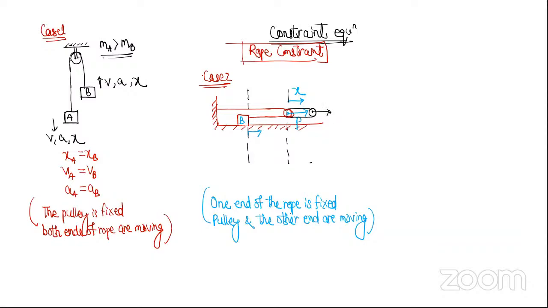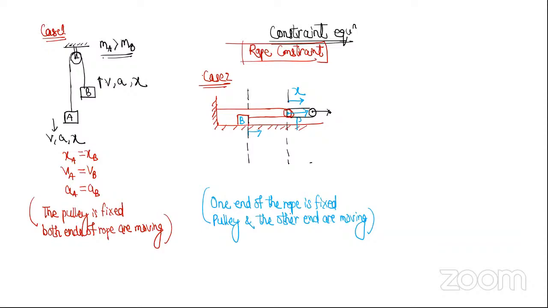So the pulley moved by X. So how much black color rope is required there? If the pulley has to move X, 2x amount of rope is required.